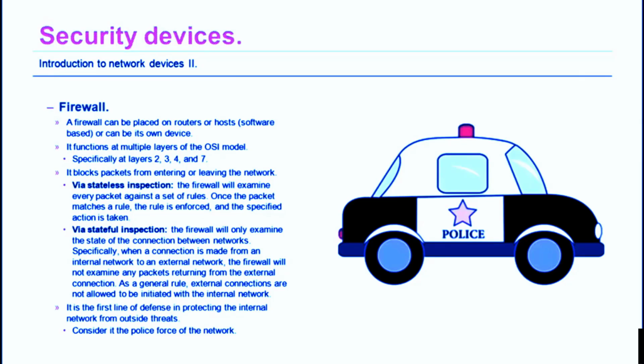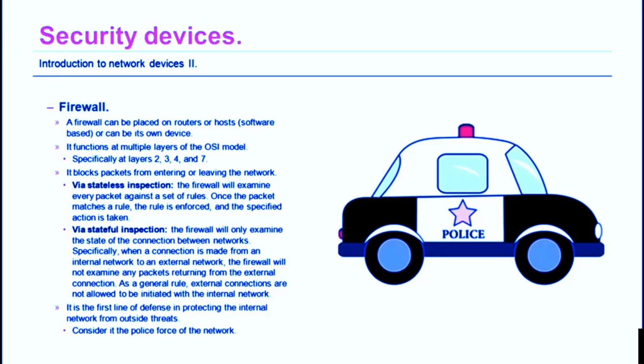Now, a firewall can be placed on routers or hosts in that it can be software-based, or it can be its own device. A firewall functions at multiple layers of the OSI model, specifically at layers 2, 3, 4, and 7.